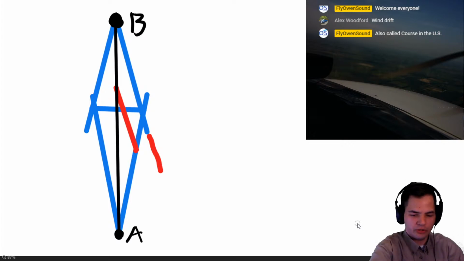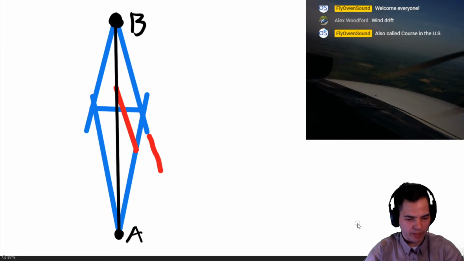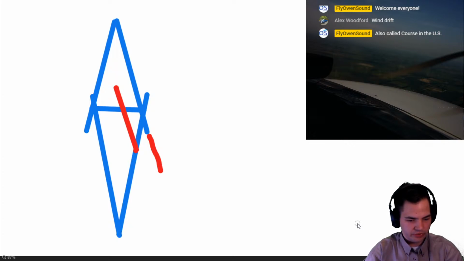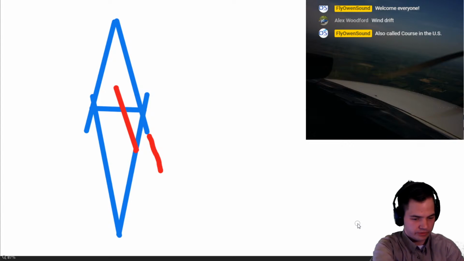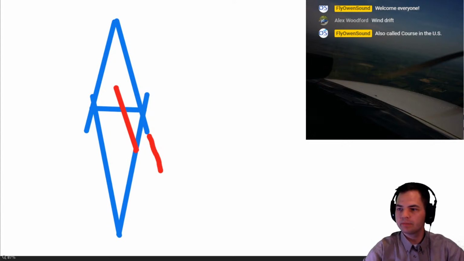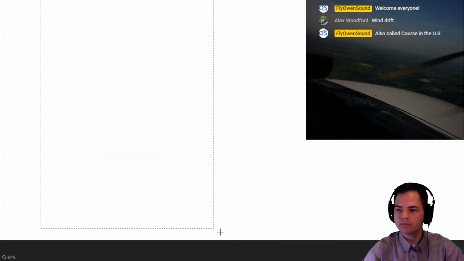One that's a little more tricky math-based that we get into here is the 1 in 60 rule.